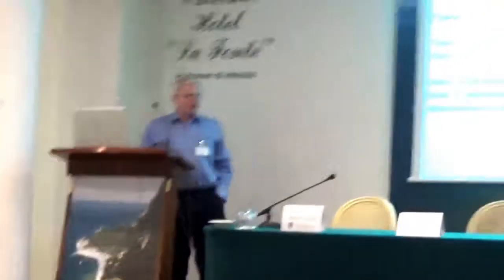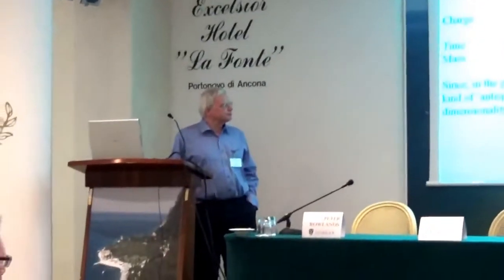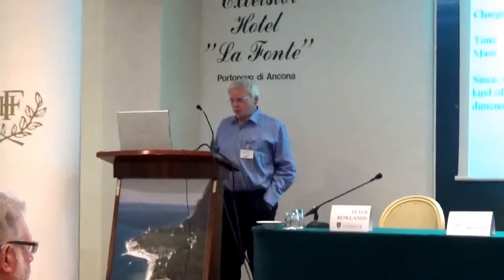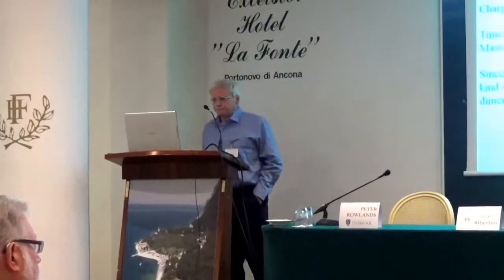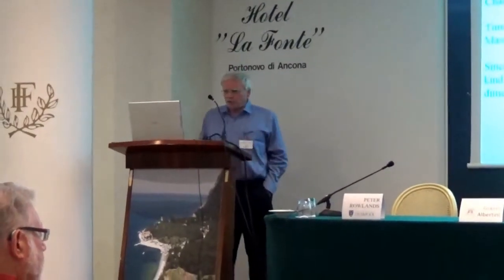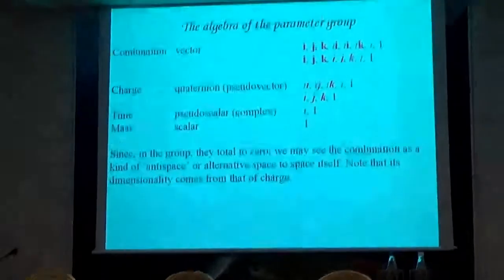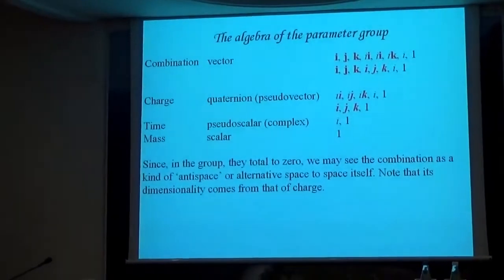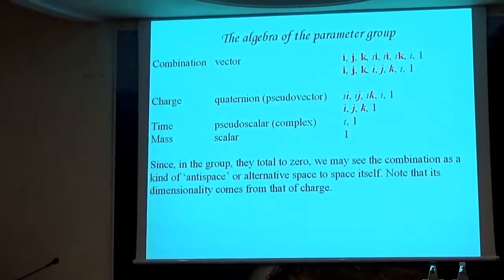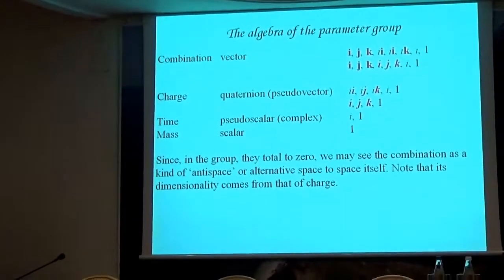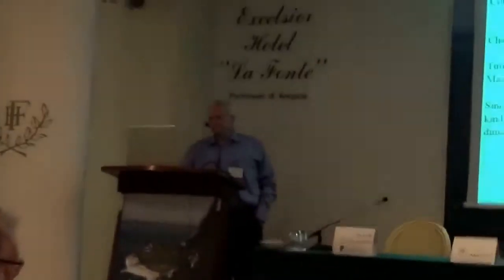You've got to have no bias, no special restrictions on it. In the group, when I put those x's and y's, we could see it total to zero. So one way of looking at that is to say that the combination with all the red stuff making up one other space is like a kind of counter to the blue stuff, which is space as we understand it. We've got space and, if we like, an anti-space.